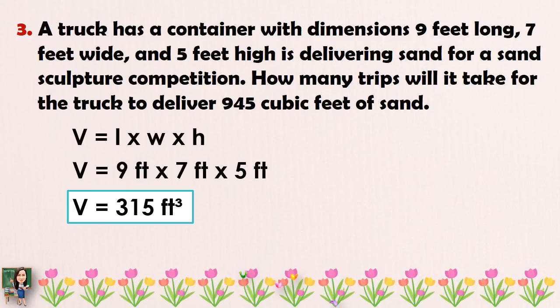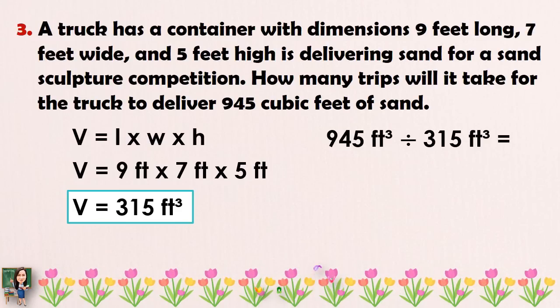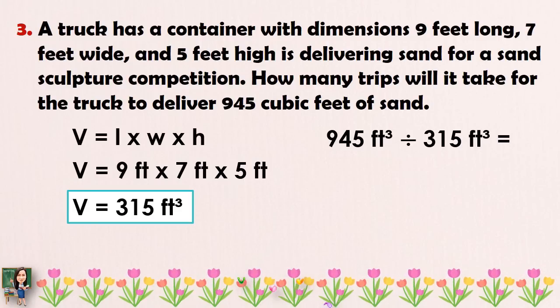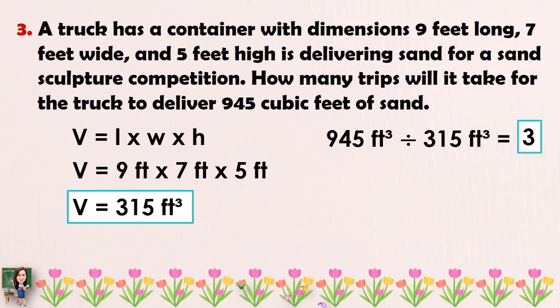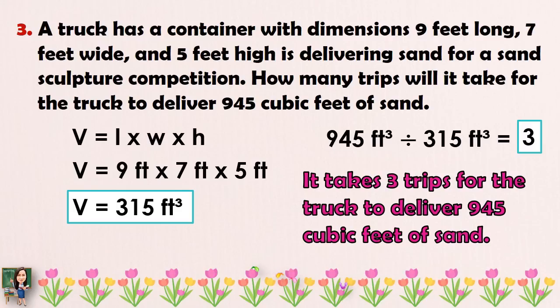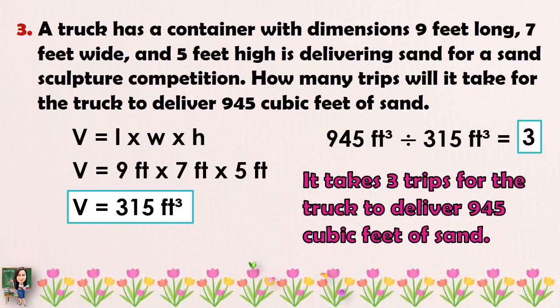The volume is already given, which is 945 cubic feet. Divide it by 315 cubic feet. 945 divided by 315 equals 3. It takes 3 trips for the truck to deliver 945 cubic feet of sand.